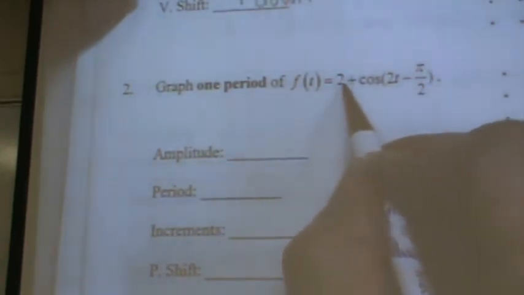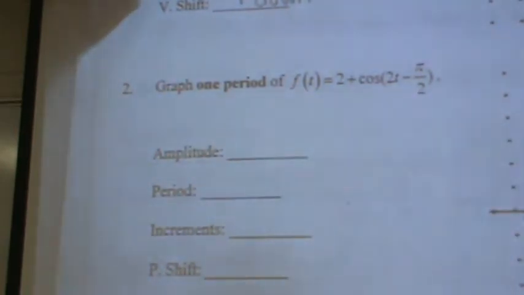Okay, let's do another one. So, this one is written different. The vertical shift is right here. Do you guys see that? The vertical shift is 2 up.